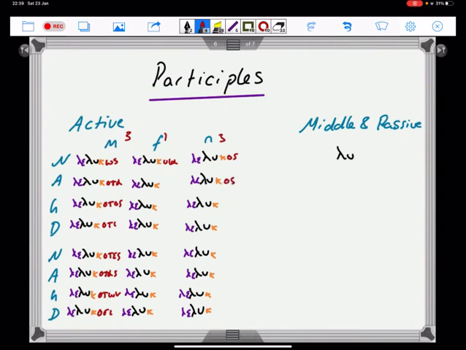The neuters can be very similar. Kos, kos, kotos, koti, kota, kota, koton, kosi. Feminine, kuya, kuyan, kuyas, kuya. It's going to sound like oikia because it's got the iota stem like oikia.